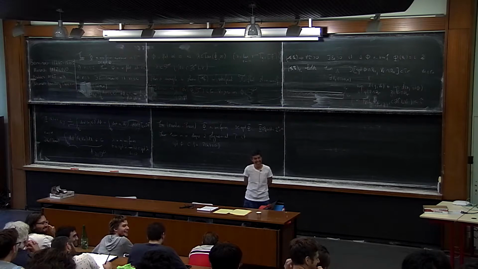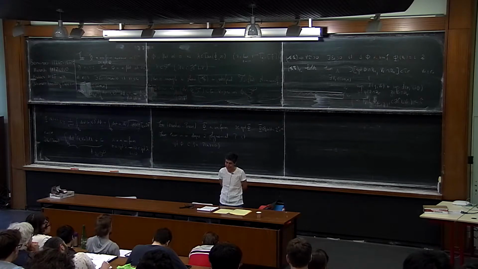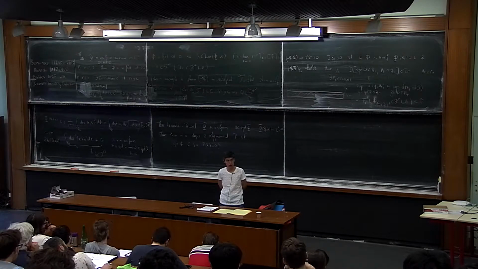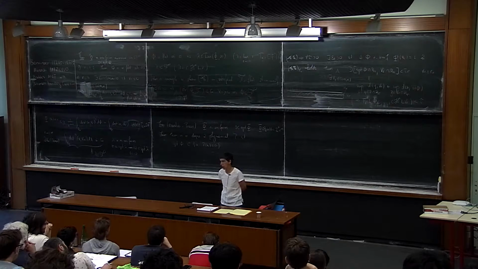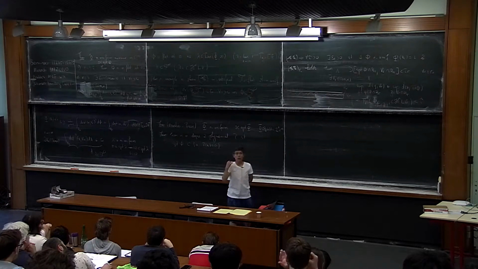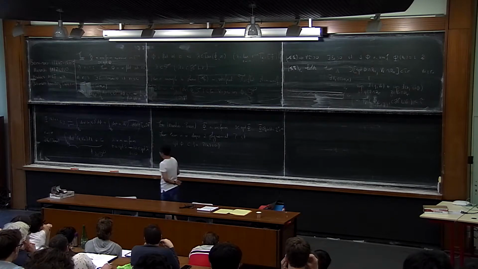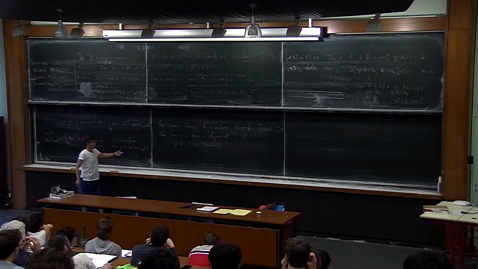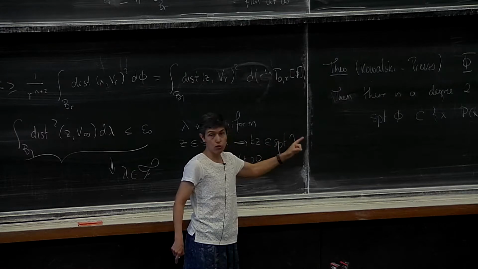So what's going to happen is, as he pointed out, for a uniform measure, I don't get a homogeneous polynomial. I get a polynomial of degree 2. Given the fact that 0 belongs to it, it's not going to have a constant term. Now, the beauty of this story is that when I have one of these measures which are homogeneous, I'll be able to prove that my polynomial is homogeneous of degree 2.